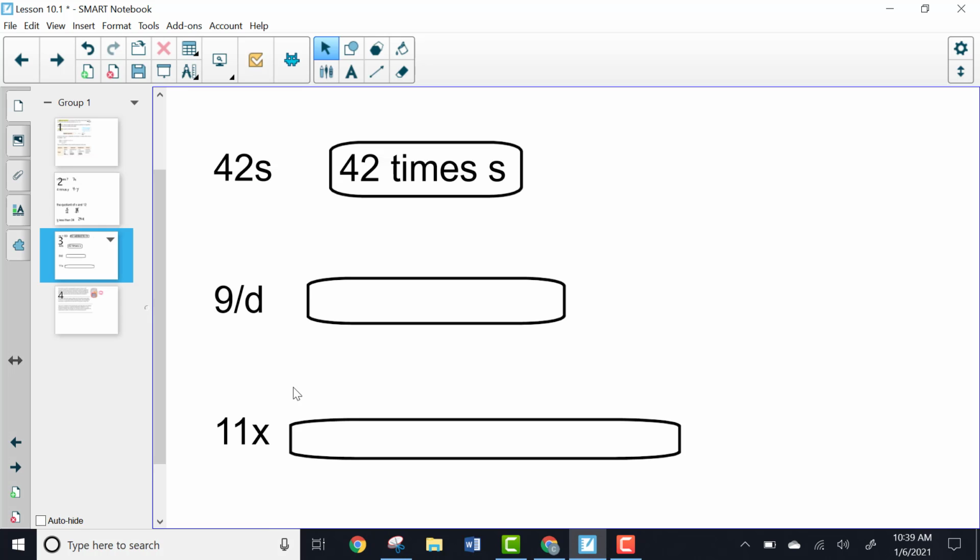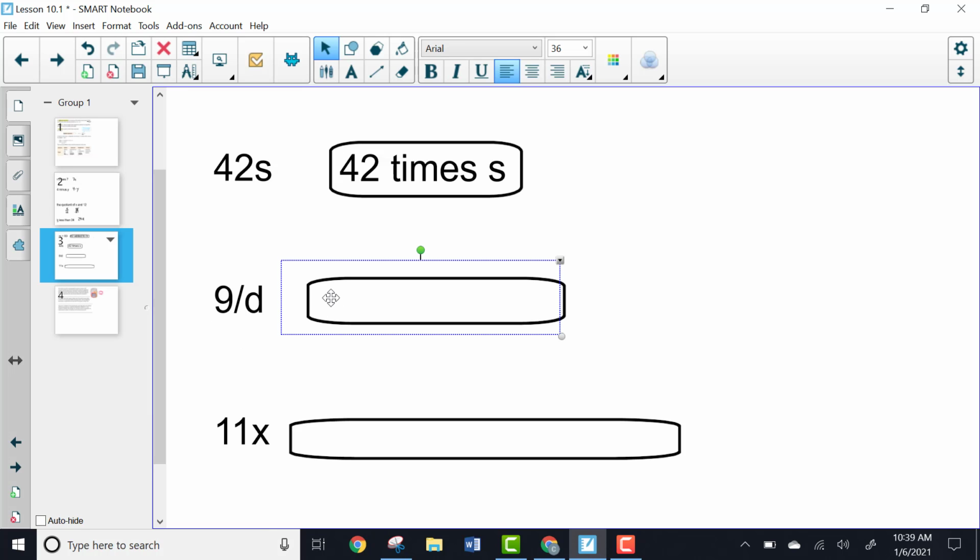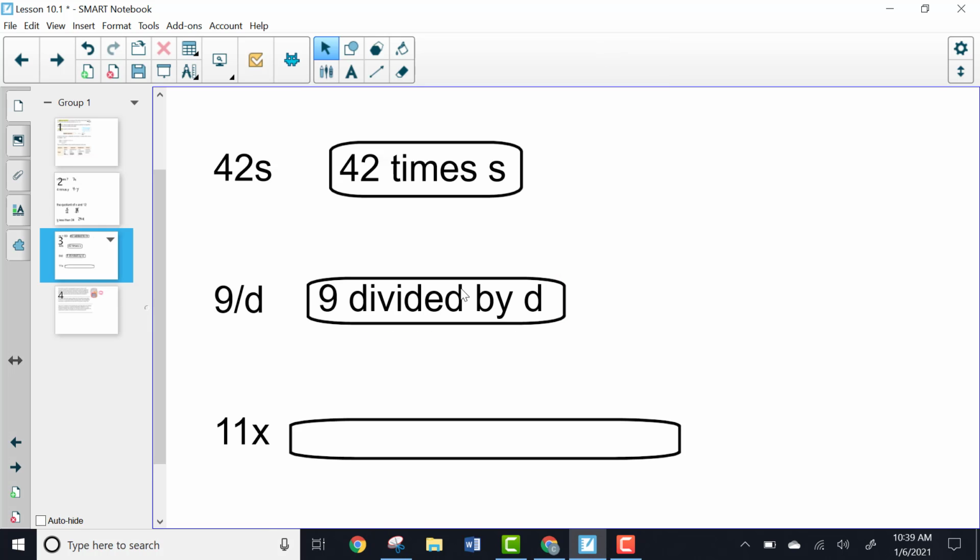Let's take a look at the next one. We have 9 over d, or 9 divided by d, and that's how you would write it in phrase form. Do not make this part any more difficult than it is. 9 divided by d is what that represents.